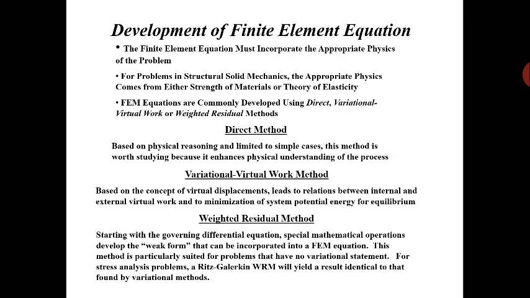And here we can have these methods for finding the development of finite element equations. First one is the direct method, then variational virtual work method, and weighted residual method. So we have interest in the direct method, so we will see that one in our next lecture.